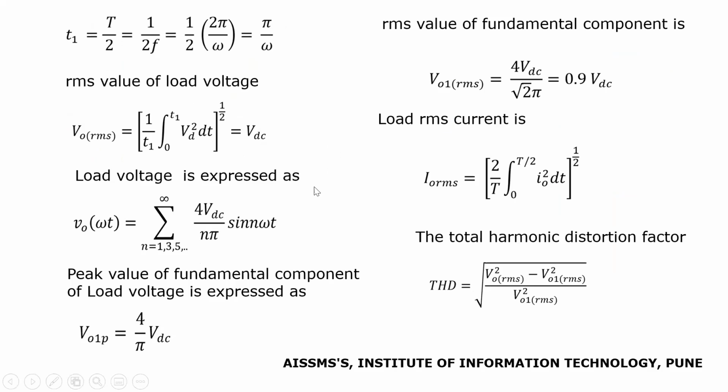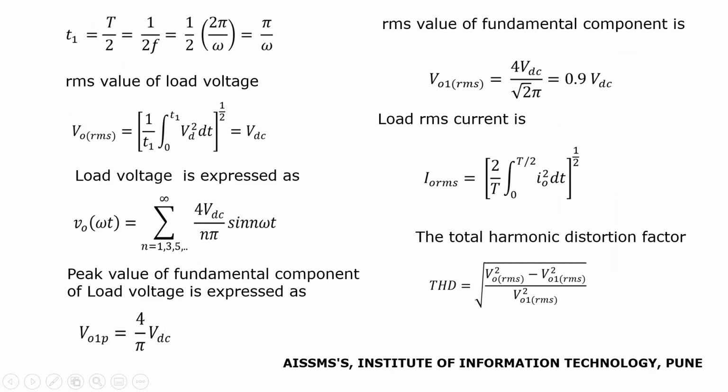Here I have shown the equation for the RMS value of the load voltage, then the equation for the peak value of the fundamental component of load voltage, and the equation for the RMS value of the fundamental component. Also, I have indicated here the equation of the RMS value of the load current.